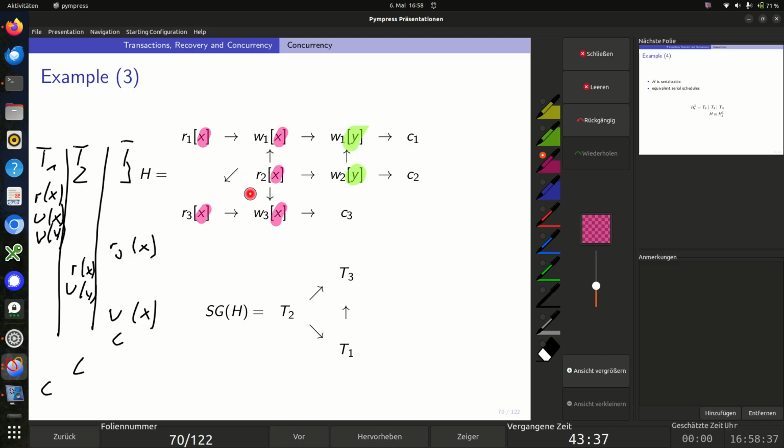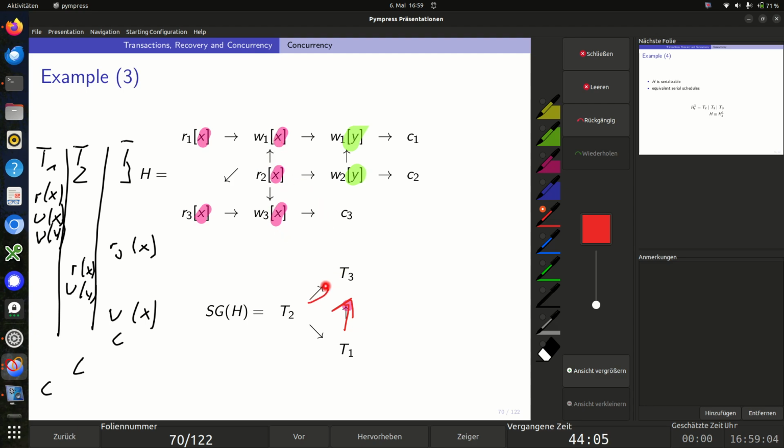Okay, so let's have a look. So we have T1 before T3, because we have to write before, yeah, of course, T1 before T3. This is this one. Then we have T2 must come before T3 and T1.